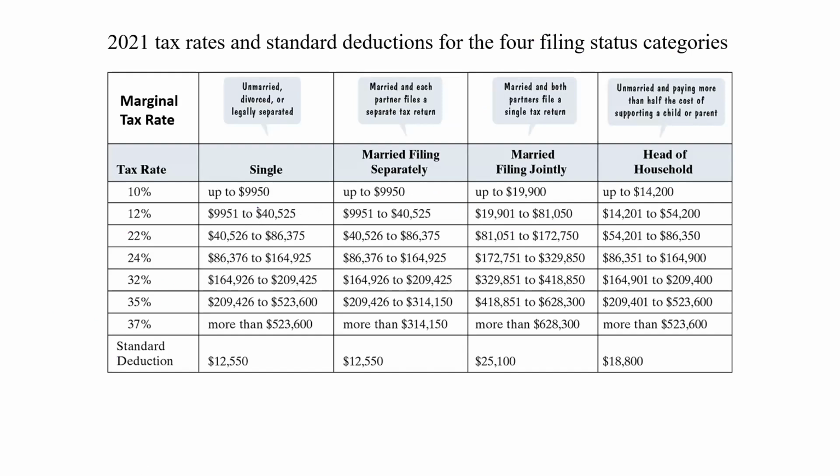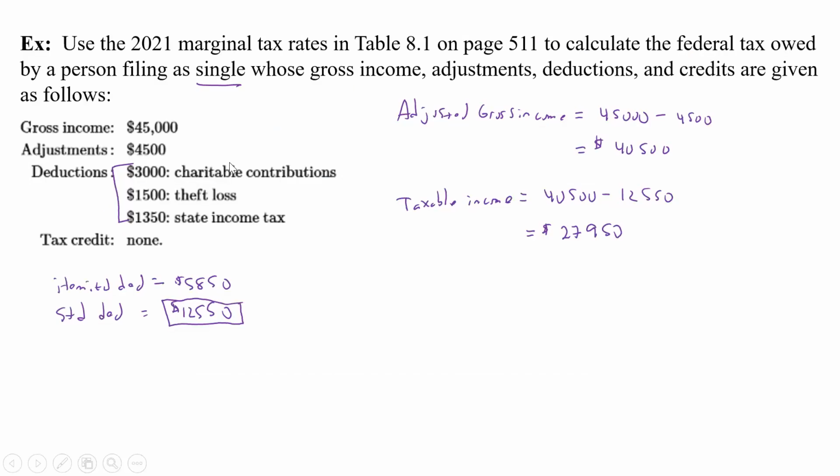So that 27,950 is somewhere in the middle, and that means we have to pay so much at 10% and so much at 12%. So we take 0.1 times 9,950, plus 0.12 times our 27,950 minus our 9,950. When we plug all of that into our calculator, that will give us how much we owe.